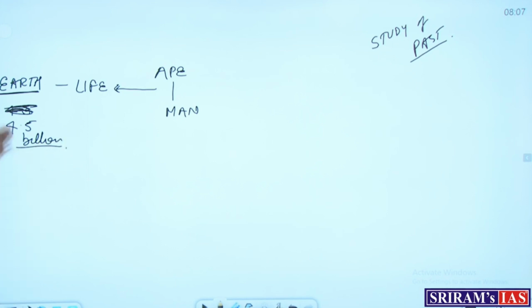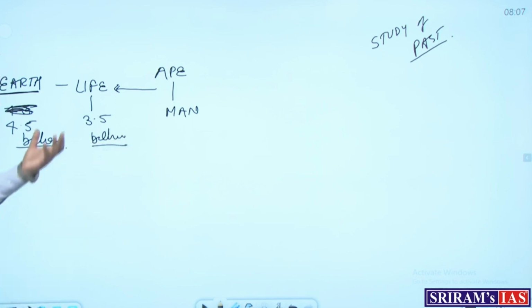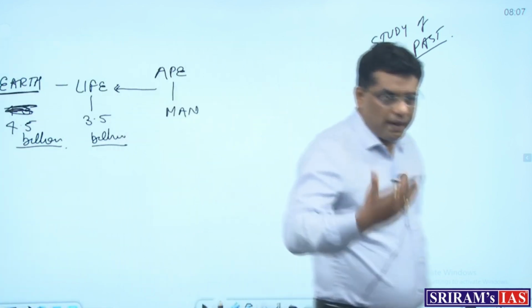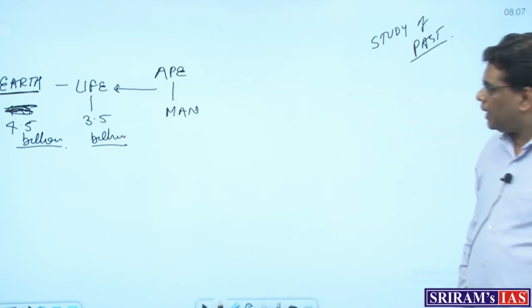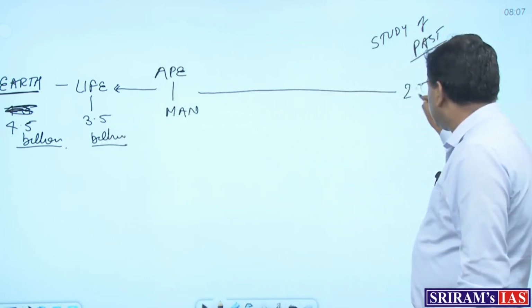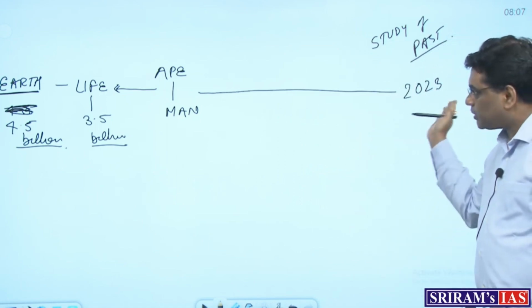And it took 1 billion years to evolve life on earth, which means around 3.5 billion years ago life evolved on earth. A small microorganism, invertebrates, so life evolved on earth. And then ape to man. And thereafter, till 2023, this is the past. And this is the subject matter of history.